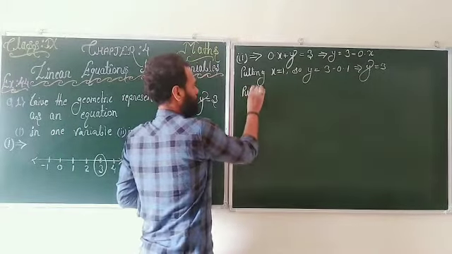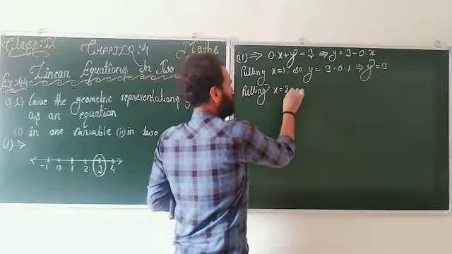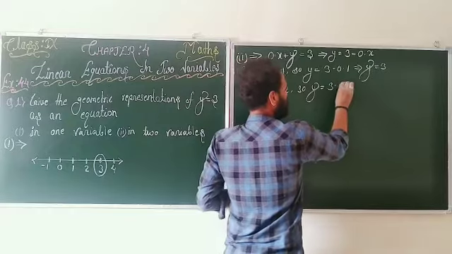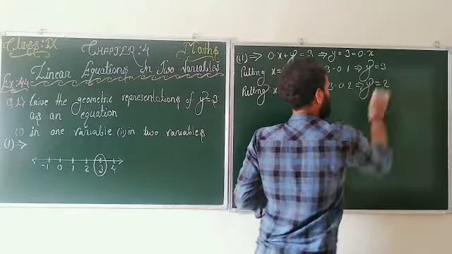If we put x equal to 2, y is 3 minus 0 into 2, we get again y is equal to 3.